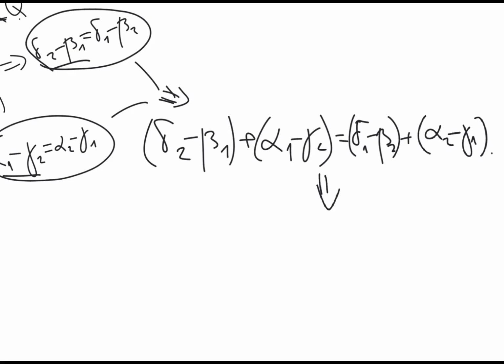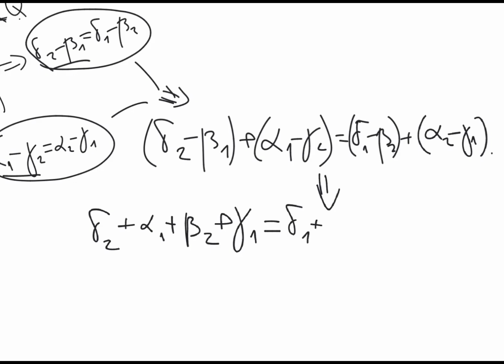So it would be delta 2 plus alpha 1 plus beta 2 plus gamma 1 is equal to delta 1 plus alpha 2 plus beta 1 plus gamma 2.